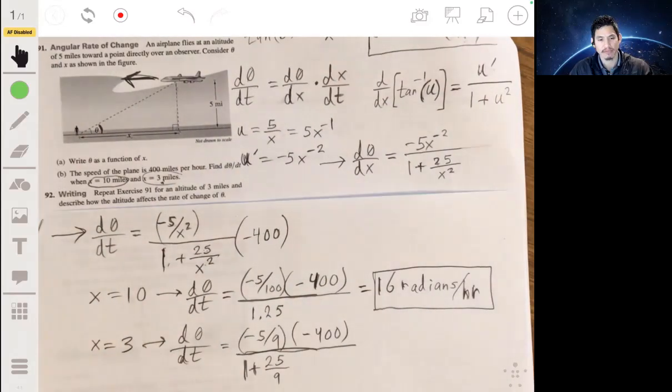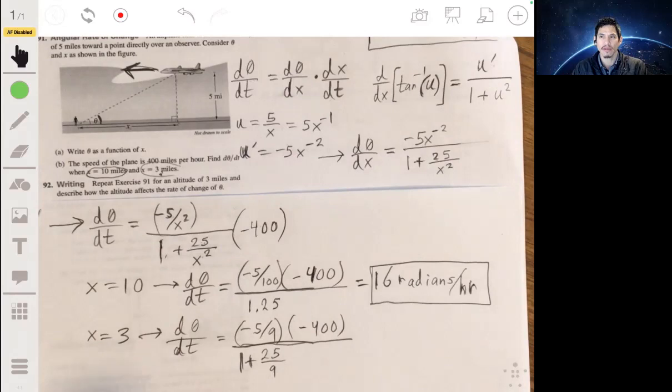I can already feel that we're going to get some long decimal. It won't be a really clean number. But in either case, let's see what we get.